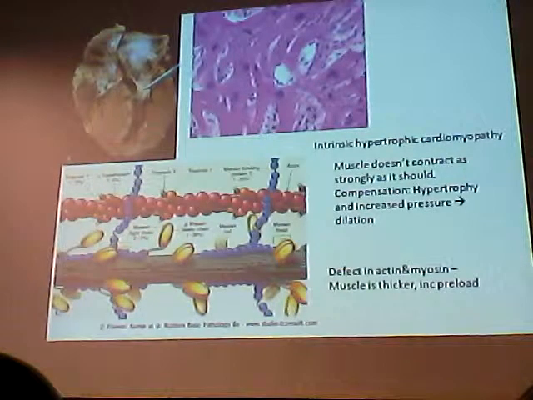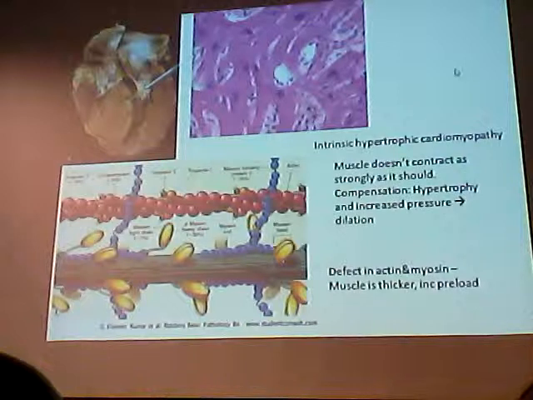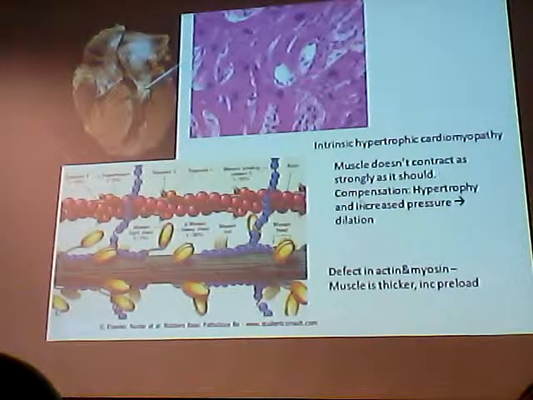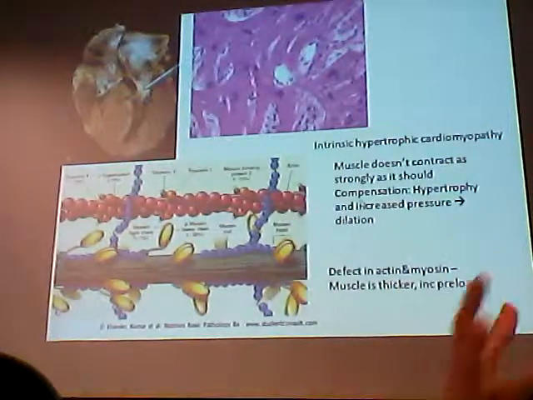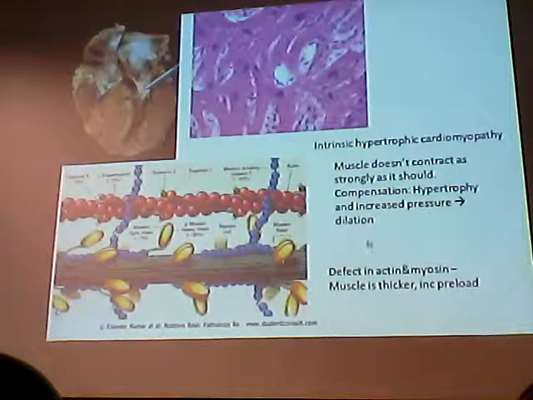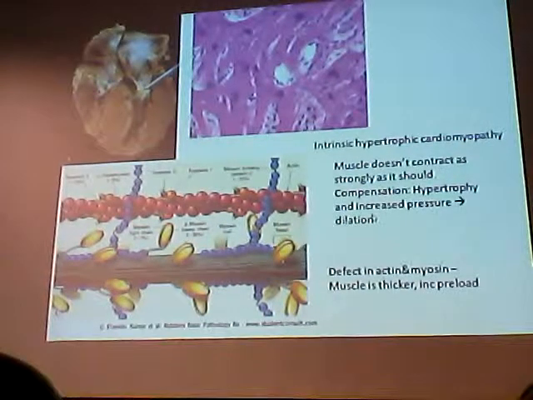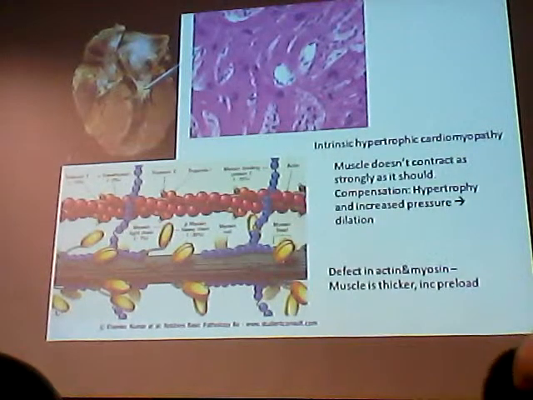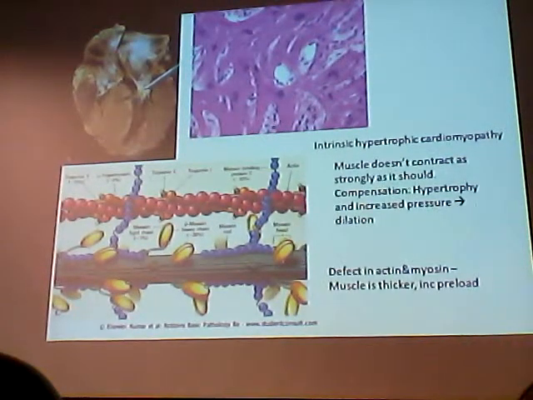Another way to think of it is that if you have some sort of hypertrophic cardiomyopathy, the muscle isn't contracting as strong as it should, so it compensates by trying to get more muscle, and if you have more muscle, it ends up increasing how much pressure is in the system, and you want to vasodilate, to dilate the lumens so that you can get more blood through.